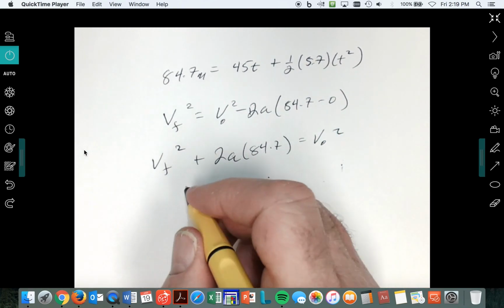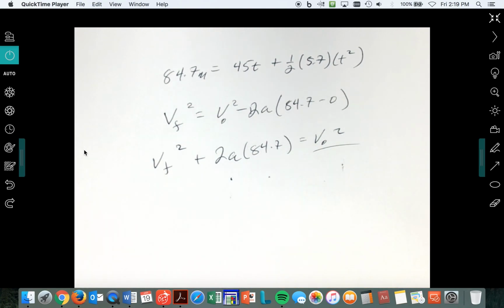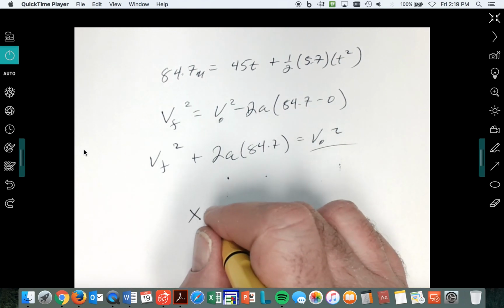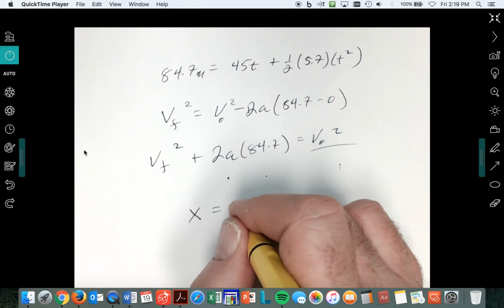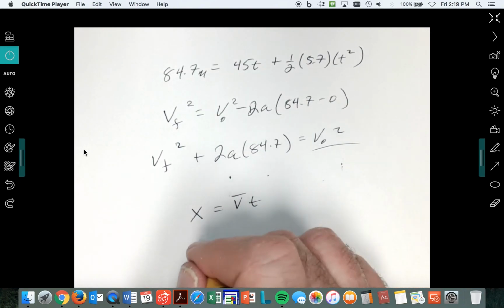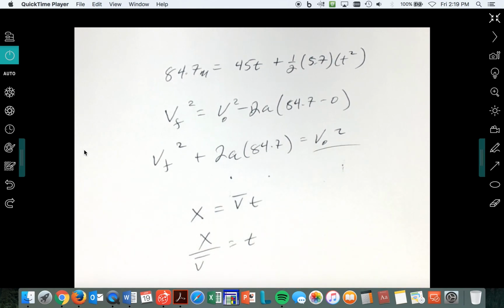And then you solve for v naught squared, then you go, all right, then the time it took, x is equal to the average velocity times the time, so x over that average velocity is equal to the time that it took for the plane to clear.